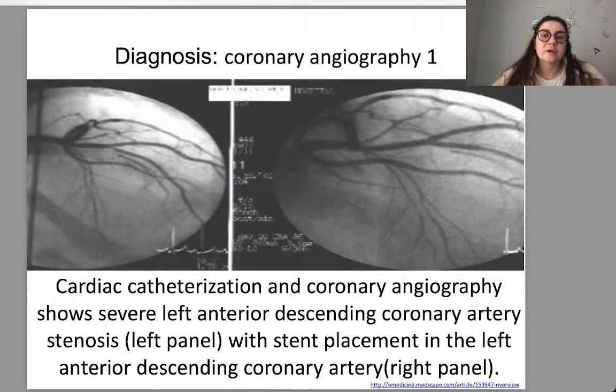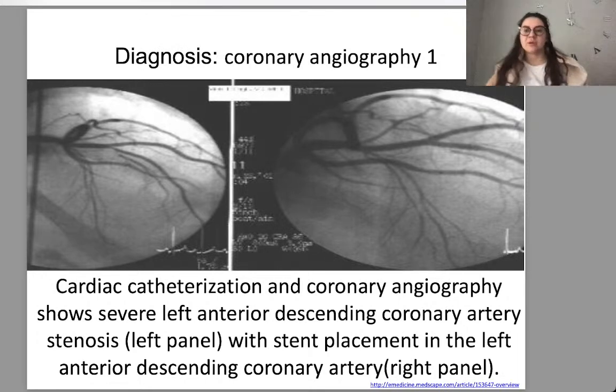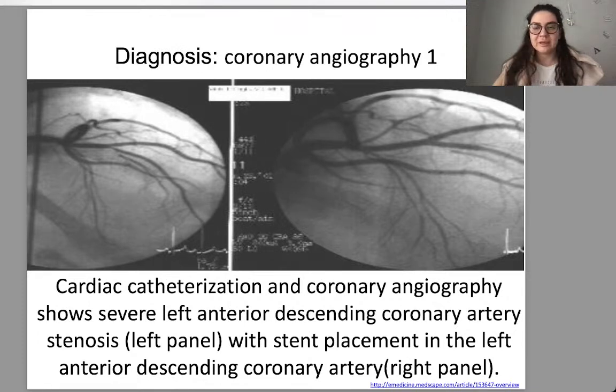And as I told, the gold standard of diagnosing is coronary angiography. It is an invasive methodology. It is like a mini operation when a catheter goes through the radial or femoral vein. It goes to the chambers of the heart.